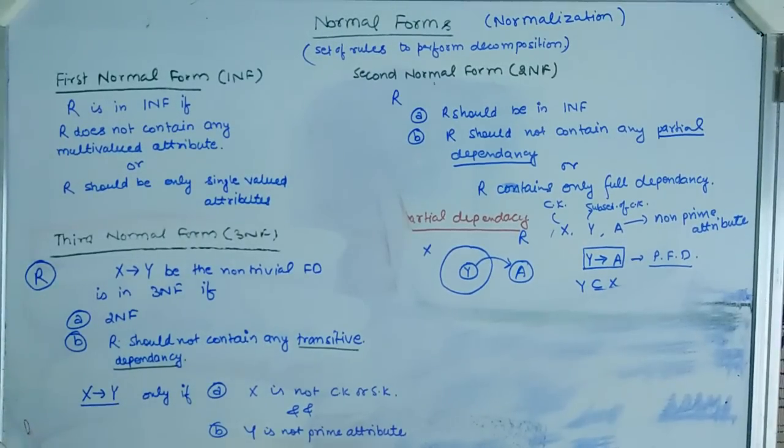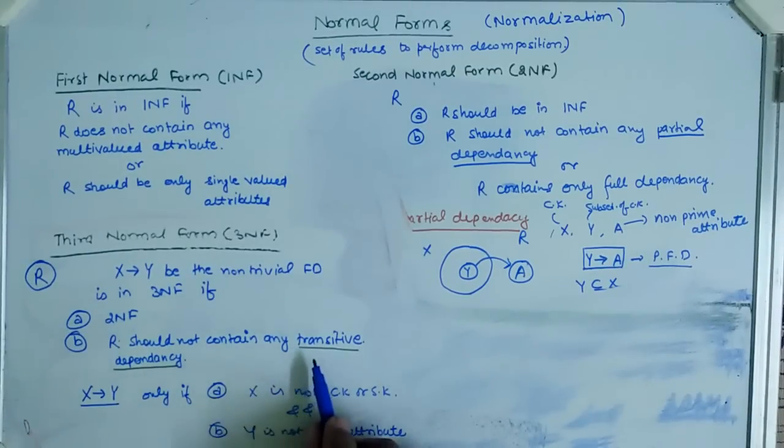So if X is not a candidate key or super key and Y is not a prime attribute, then only this functional dependency is a transitive dependency.